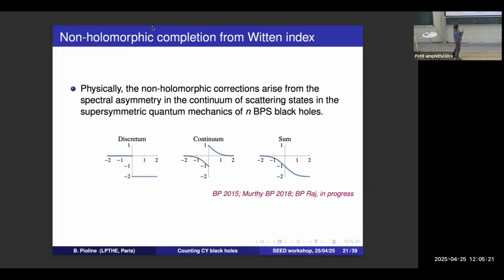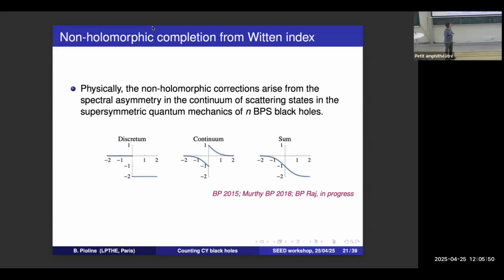But on top of the bound state contribution, there is also a continuum from scattering states in this electromagnetic hydrogen atom, which is also discontinuous, but is not just a step function. As a result, it is non-holomorphic in this parameter tau. And the sum of the two is actually smooth across the wall.